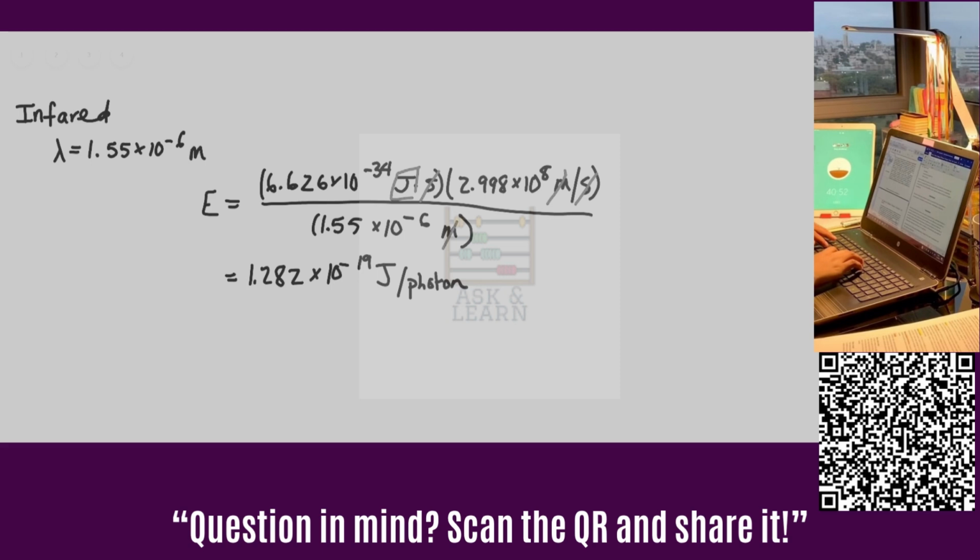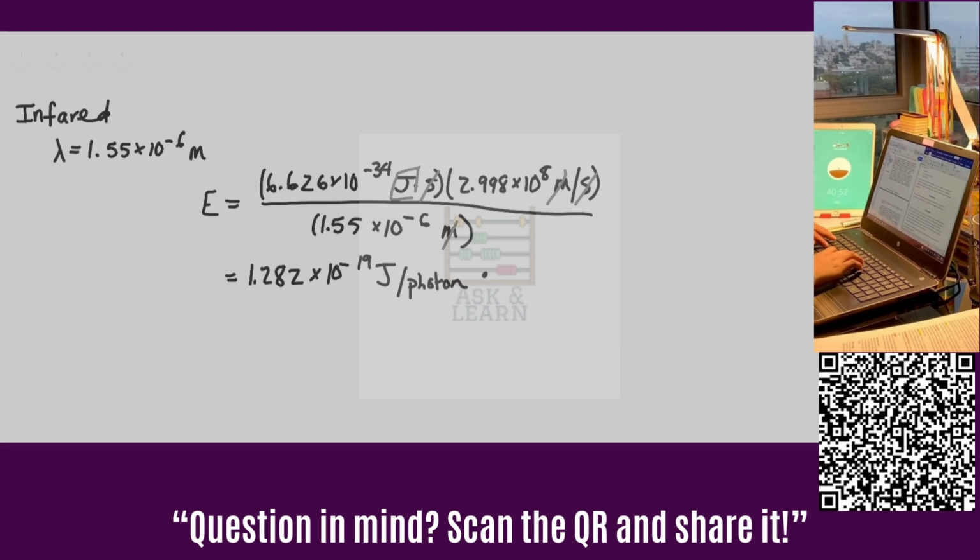Because light is peculiar in the fact that it acts as both a wave and a particle, we can use Avogadro's number on photons.